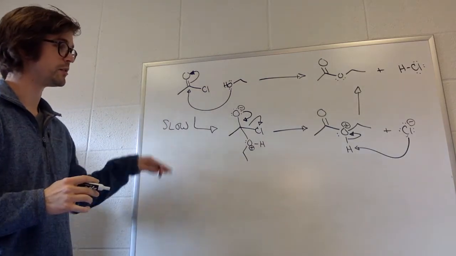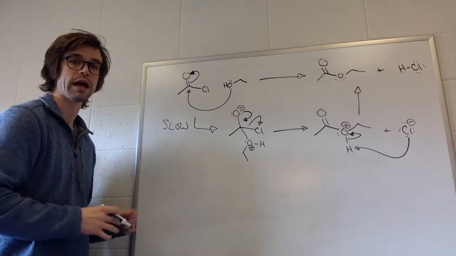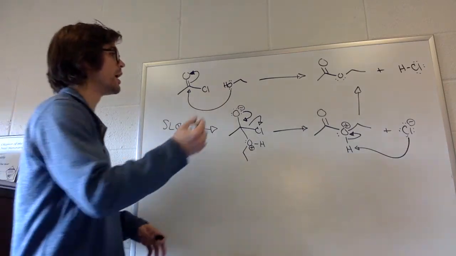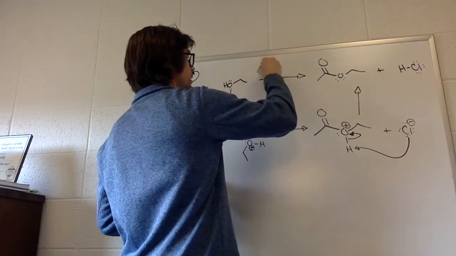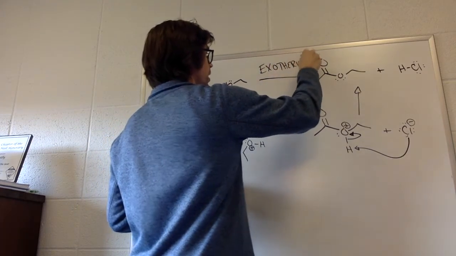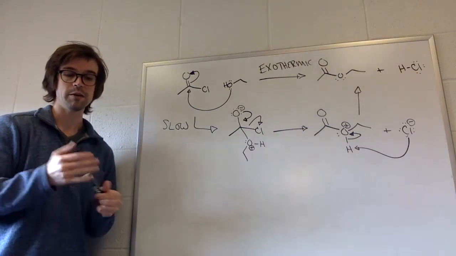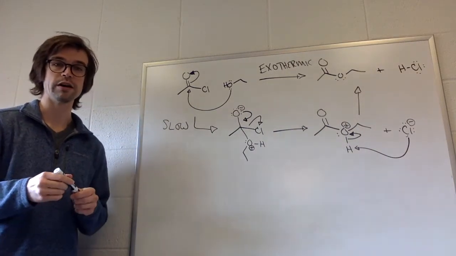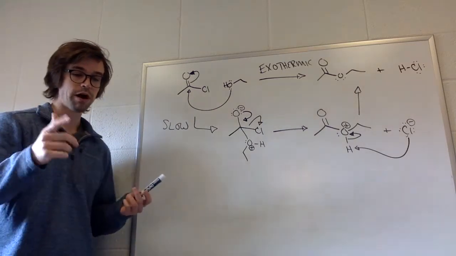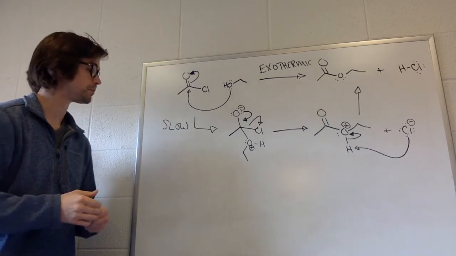So that's the slow step, and what you should be able to do from that is generate a reaction coordinate diagram for this reaction. And the other thing that I'll tell you is that it's an exothermic reaction. It's exothermic. So with those two pieces of information, you should be able to generate some type of reaction coordinate diagram that makes sense. So pause the video, practice, and then we will see if we got the same thing.